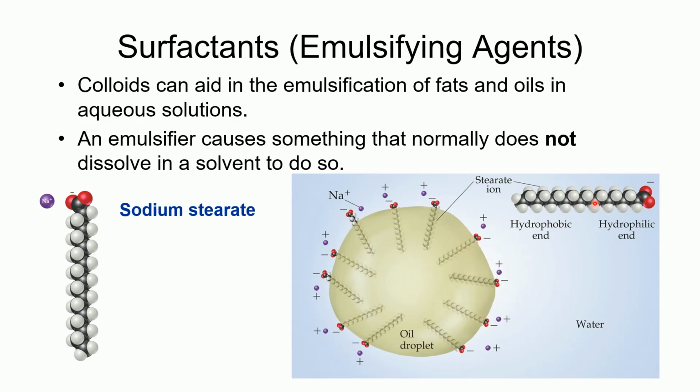However, if you put this emulsifying agent in, sodium stearate, you'll get these droplets that are stabilized, and so the oil droplets will be evenly distributed throughout that water. It won't be a solution because you can see the droplets, but you will get this stable suspension that's caused by these surfactants. Well, hopefully at this point you realize that sodium stearate is just soap.